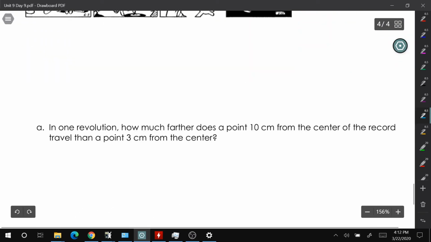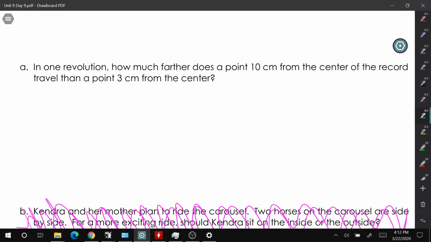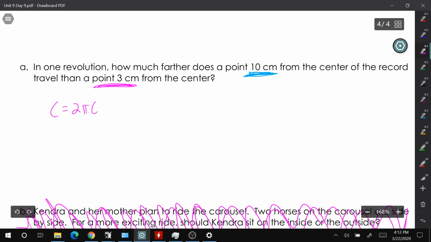So we're going to use this to solve letter A. It says in one revolution, how much further does a point 10 centimeters from the center of the record travel than a point 3 centimeters from the center? So we need to find the circumference at 10 centimeters from the center, because that would be our radius, and at 3 centimeters, that would be the radius of the smaller one. So circumference equals 2 pi times 3. Circumference is 6 pi, and I'm going to leave pi there for a minute.